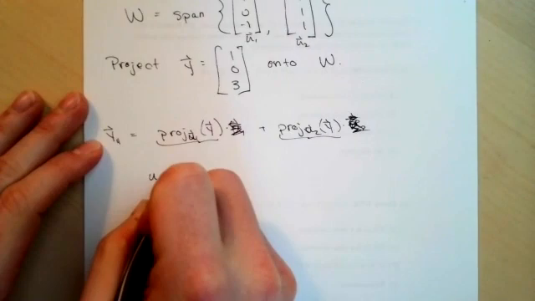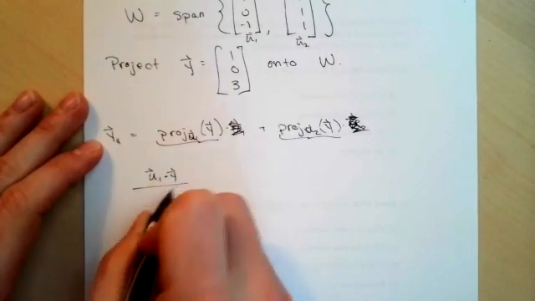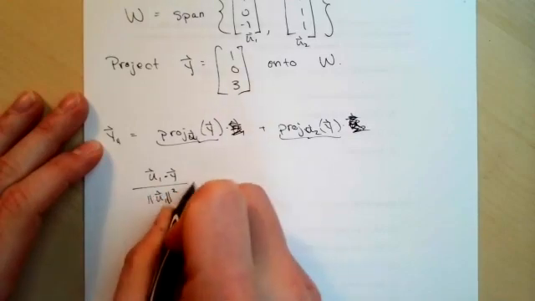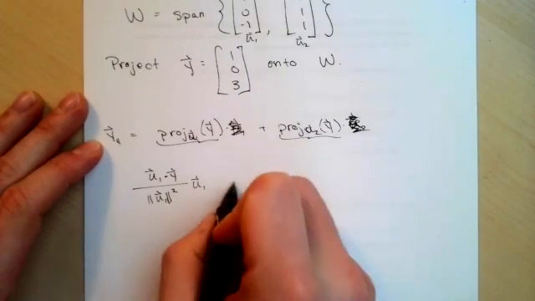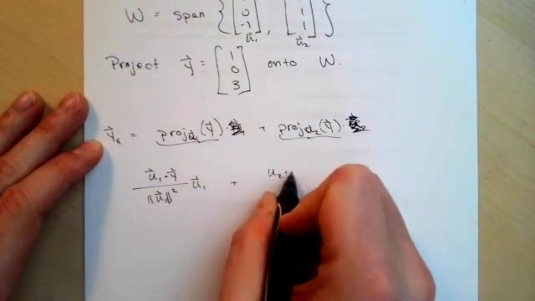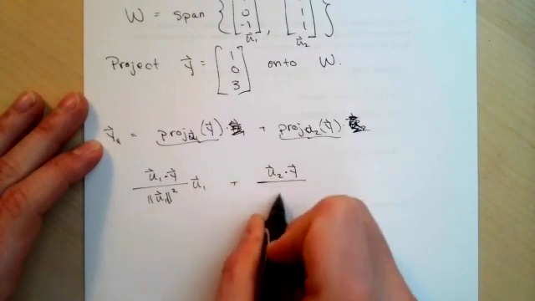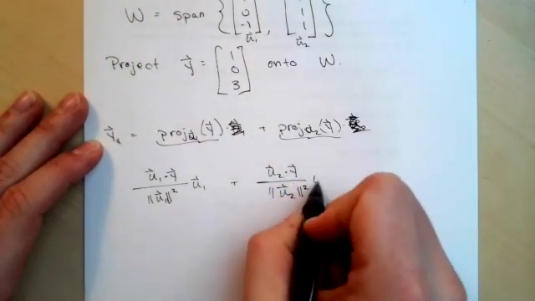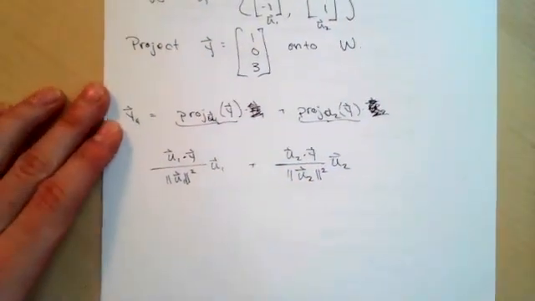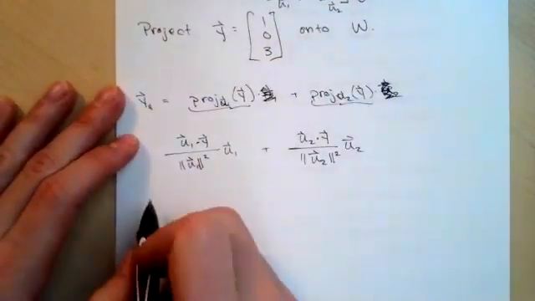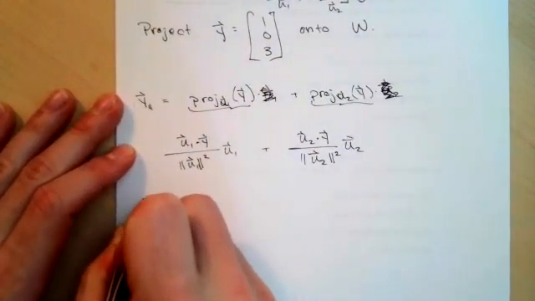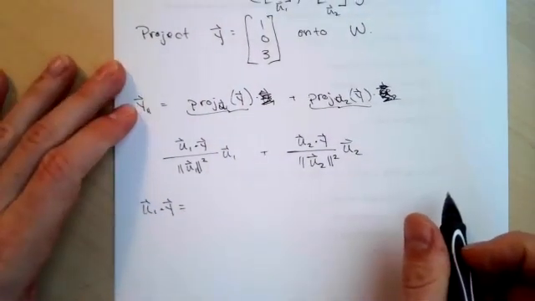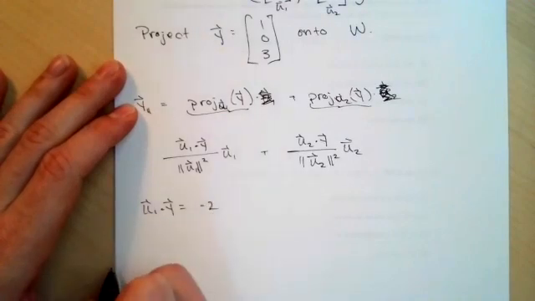We're going to have U1 dot y over norm of U1 squared in the direction of U1, plus U2 dot y over norm of U2 squared in the direction of U2. So our U1 dot y is going to give us 1 minus 3, so negative 2.